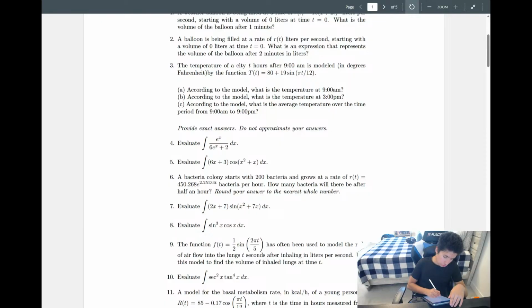So we get 1/12 times the integral from 0 to 12 of the derivative of big T of t, and we get 19 cosine of pi t over 12 times the derivative of pi t over 12.